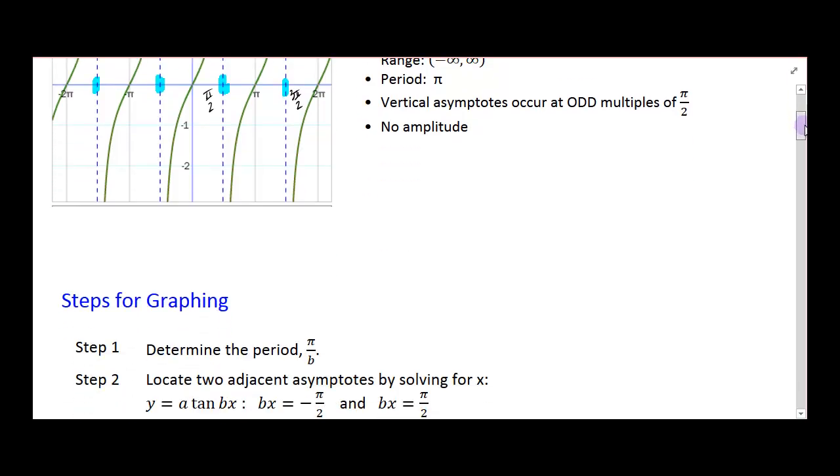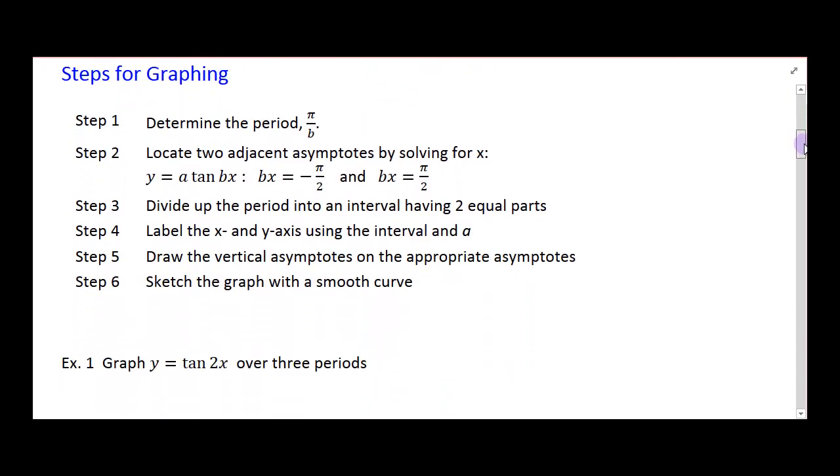Okay, so let's go into the steps for graphing the function. We're going to first determine what the period of the function is, and tangent is different. The period of tangent is going to be determined by pi over b. So since my period is pi, to determine my period when I graph it, we would divide it by whatever b is.